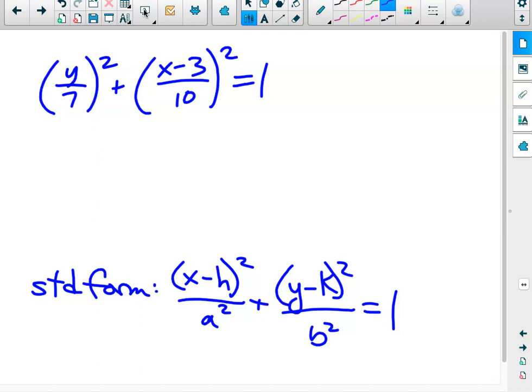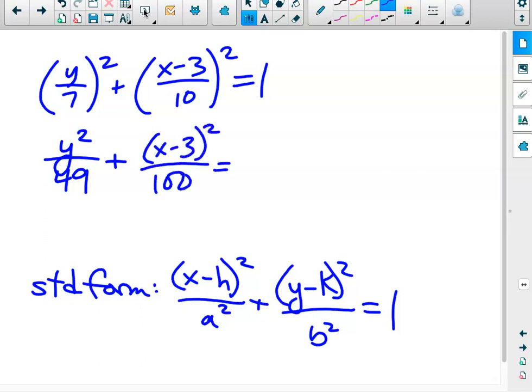So to convert this to standard form, all you have to do is square the whole thing. So this becomes y squared over 49, and this term becomes x minus 3 squared over 100 equals 1. Just go ahead and apply the squared.